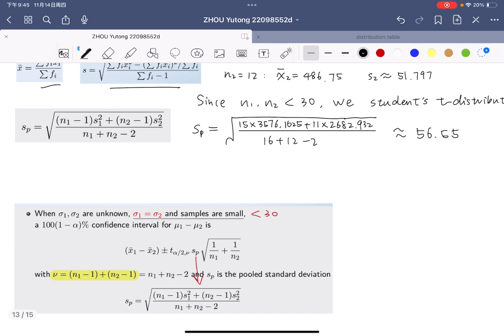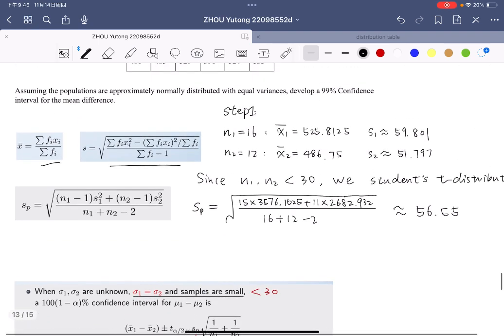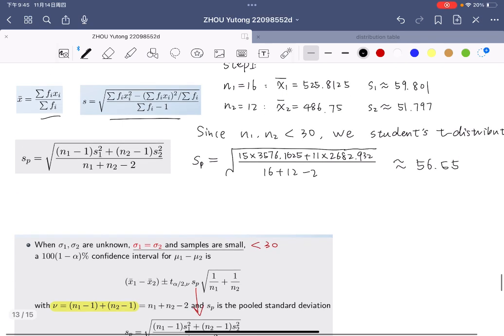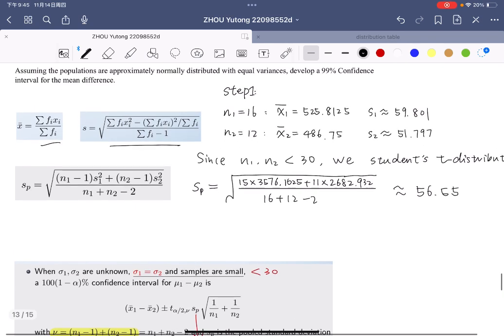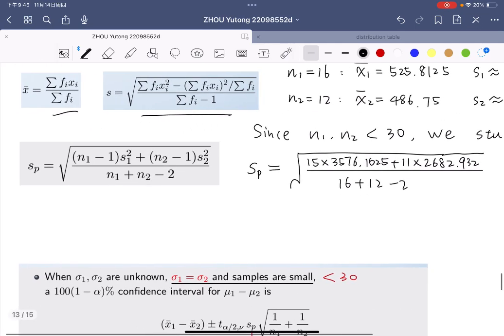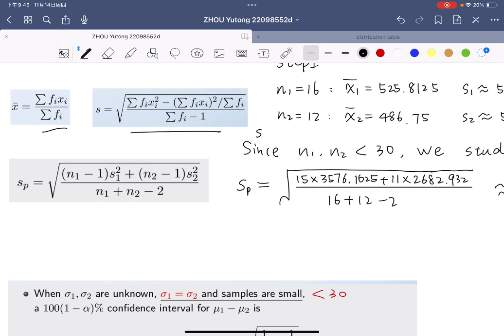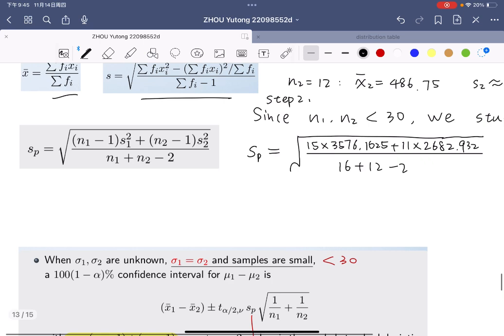Of course, when we talk about the mean difference under a certain confidence interval, we have to state clearly our assumptions. So this is step 2. Now it comes to step 3.